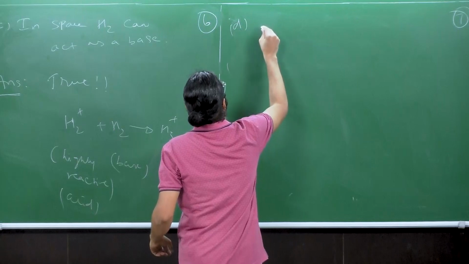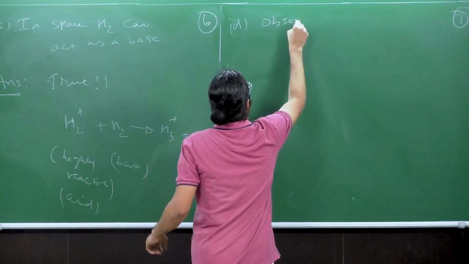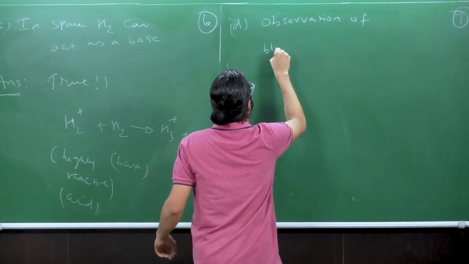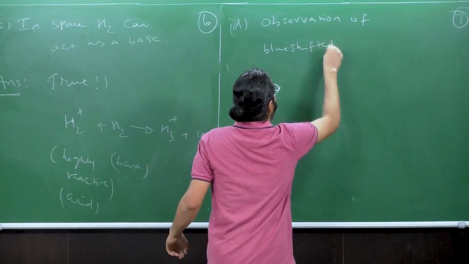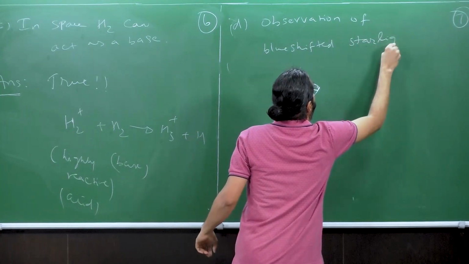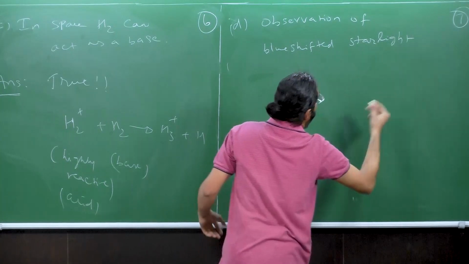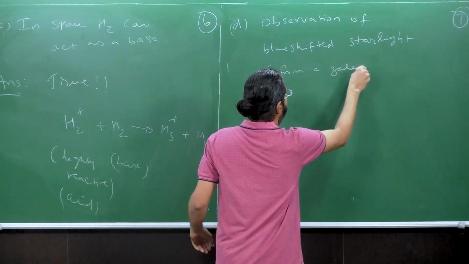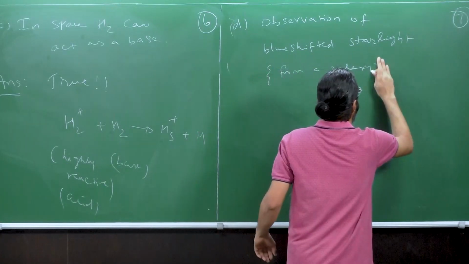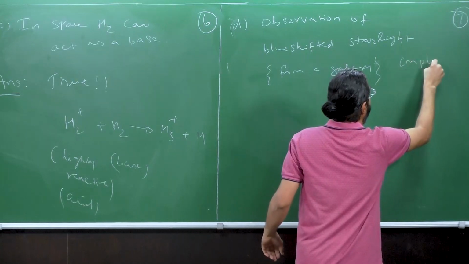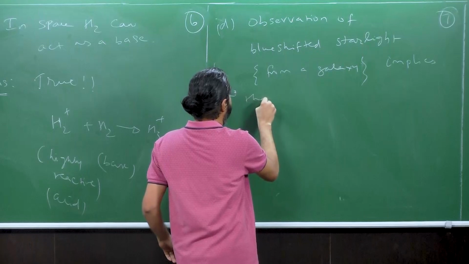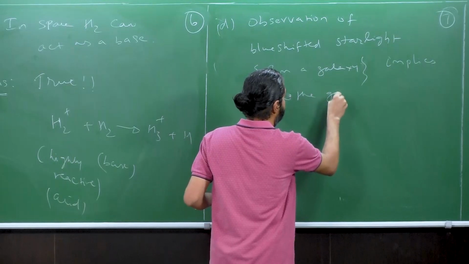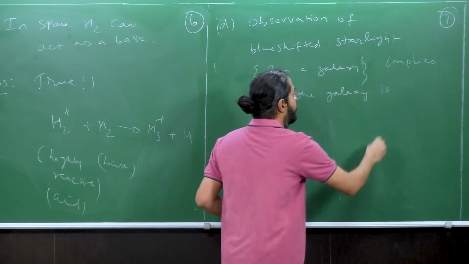D. The question is, observation of blue shifted starlight from a galaxy implies that the galaxy is moving towards us.